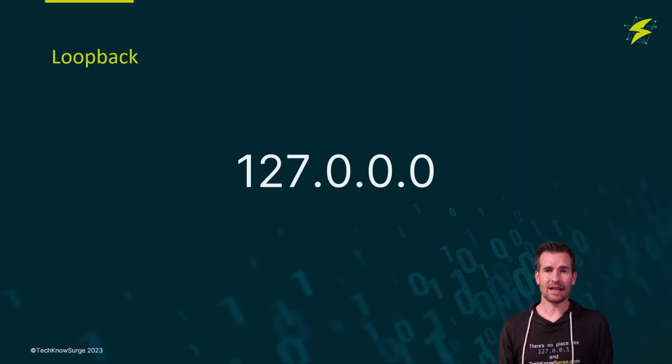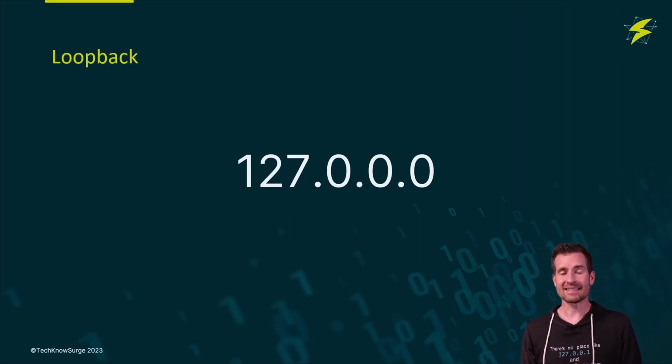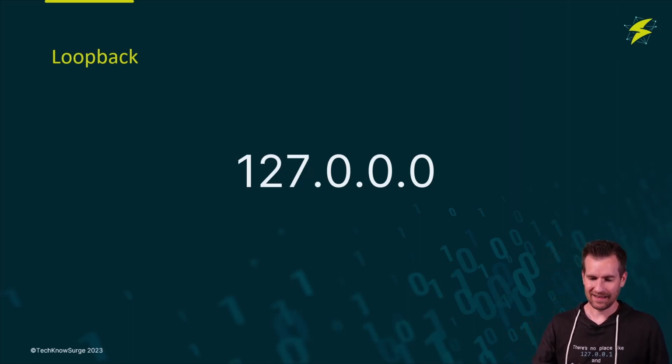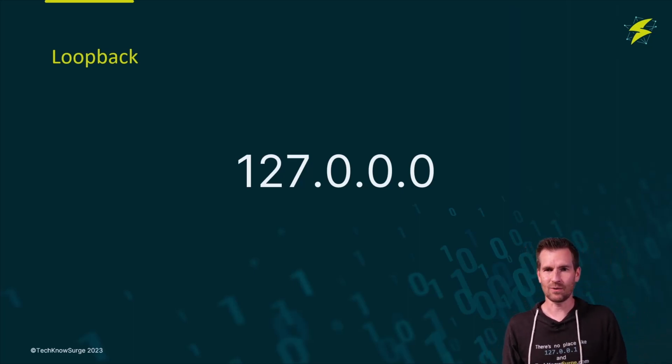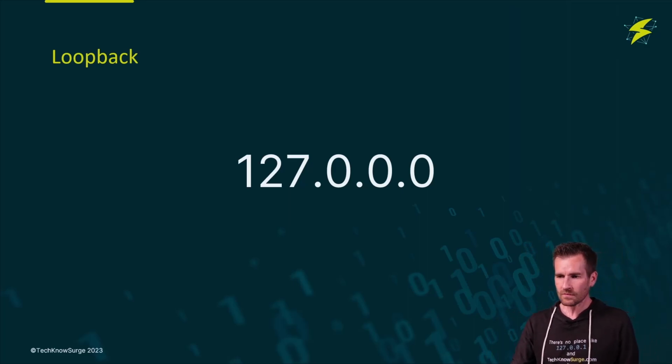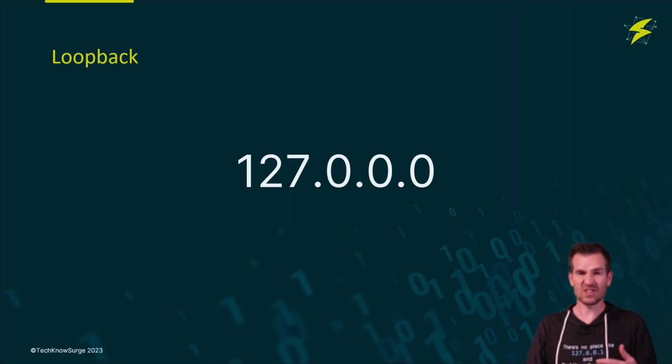So 127.0.0.1 is the loopback address, essentially saying it's itself. Hence they got the t-shirt, wearing the t-shirt here. That is the loopback address, and it's just something to be aware of. It's not something you would ever assign out to a network. It wouldn't work that way.